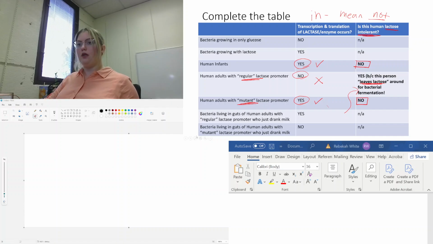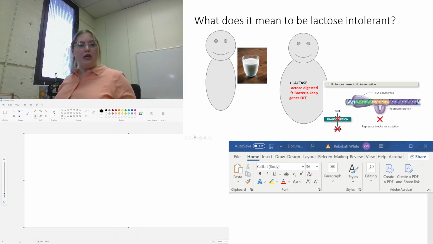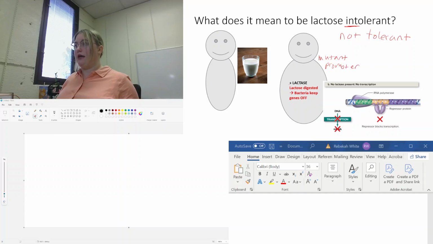Okay. So how does this produce the symptoms that we see in lactose intolerance? So what does this mean? Let's say we have this guy right here who has our mutant promoter. He's making the enzyme lactase.